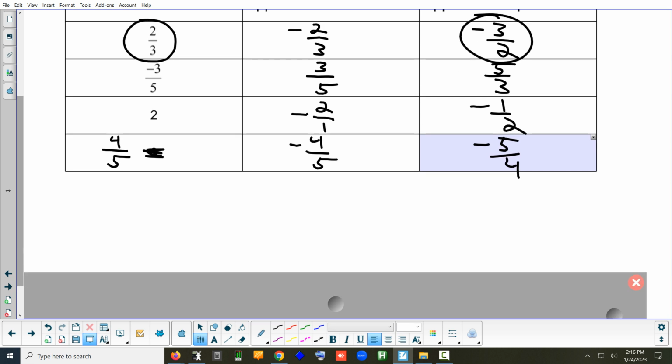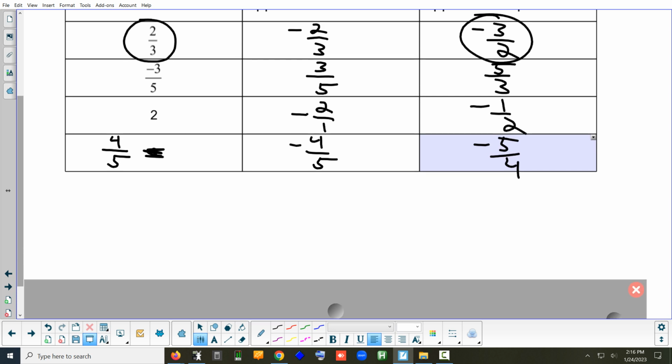All right, here's one I'm going to give you like this. You don't just look at this one. 2/3 and 3/2. Would those two slopes be perpendicular? In other words, are those two slopes opposite reciprocals? What do you think? No. They're reciprocals, but they're not opposites.